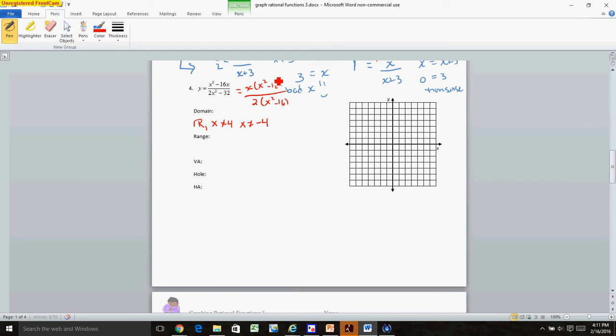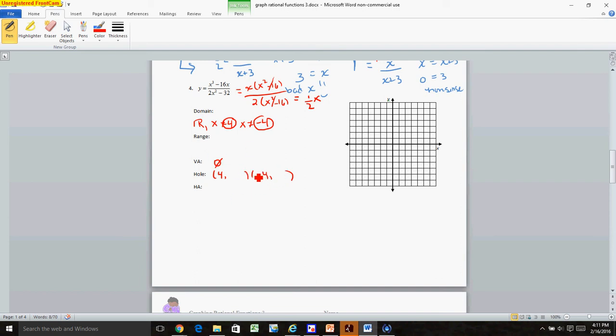Since both of those bad x's cancel out, though, neither one of these is a vertical asymptote. They're both holes. And the simplified version is just 1/2 x, or x over 2, right? That's a linear function. So this whole nasty thing is going to look like a line, except it's got what? 2 holes. No vertical asymptotes, because both bad x's canceled out.